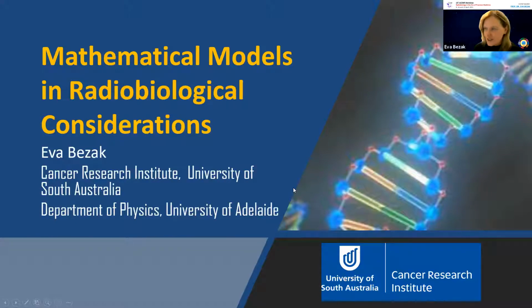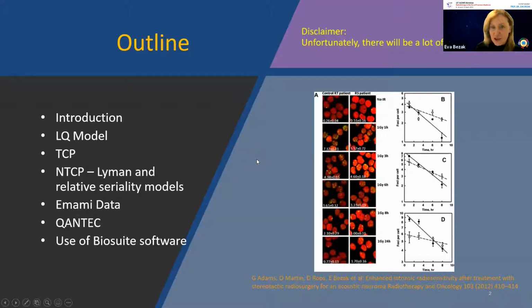So thank you, everyone. You will spend an exciting 45 minutes with me, where I will be talking about radiation biology modeling. I will cover concepts such as the linear quadratic model, tumor control probability, and normal tissue control probability.